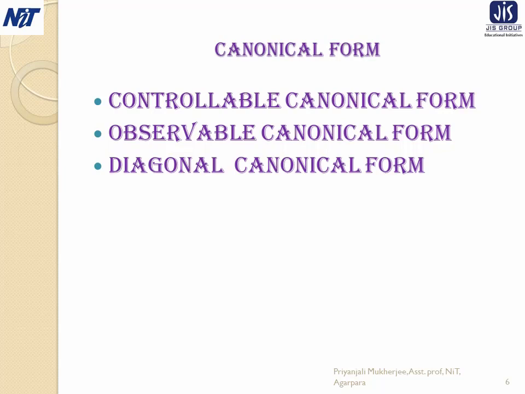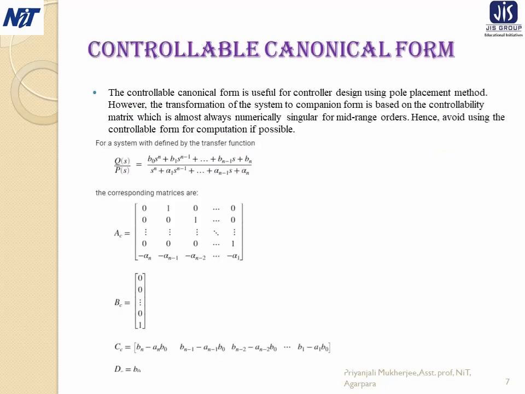There is one more form, that is the Jordan canonical form, but here we will discuss only the controllable, observable and the diagonal canonical form. So first one is the controllable canonical form.